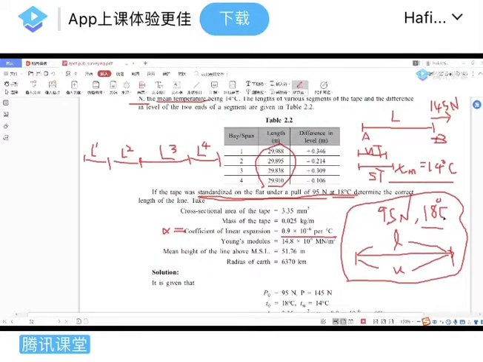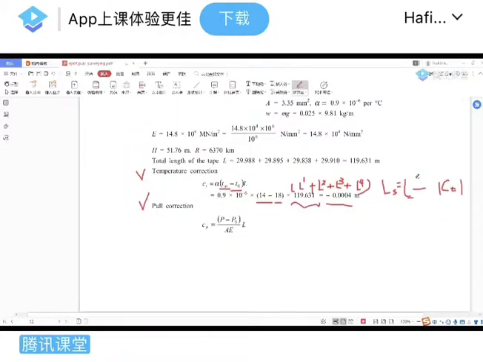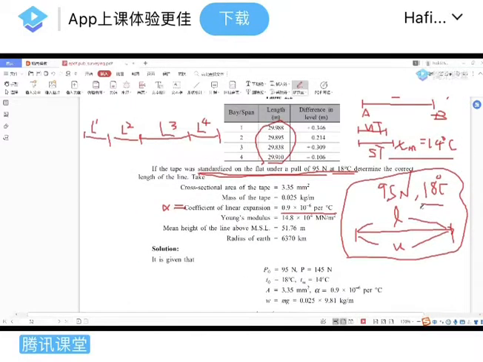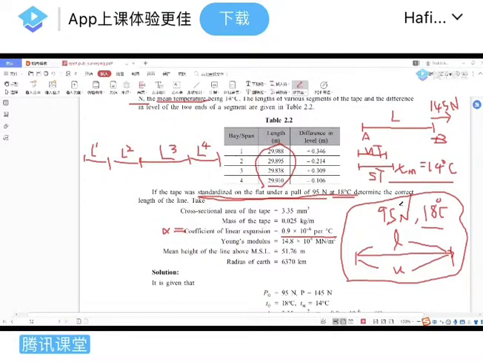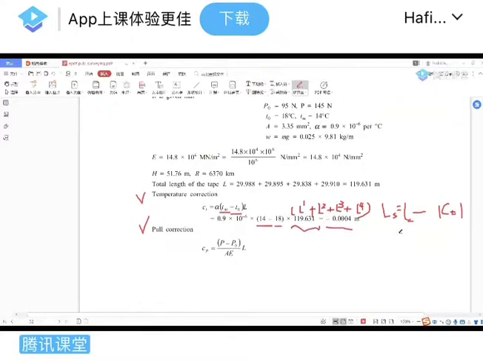On the contrary, if this is 14, this is 18, then this must be plus. It means you underestimate. Now it's overestimate. If you use this tape, you overestimate the physical distance in comparison to the standardized tape. Okay, so far so good.